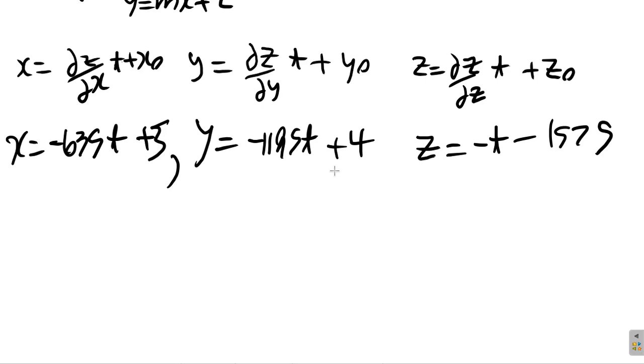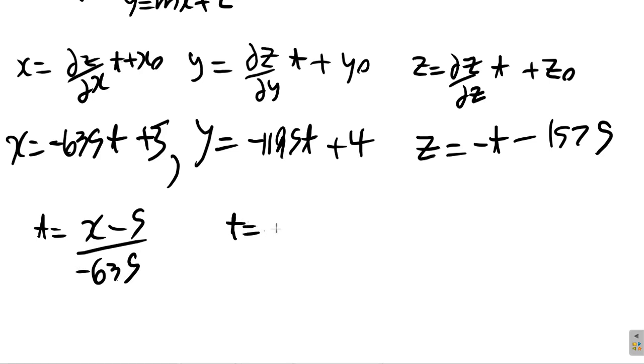is in parametric form. We could also write them in symmetric form, transposing each of them for t and then equating them. So in this case, t would be equal to x minus 5 over negative 635. In this case, t is equal to y minus 4 over negative 1195.